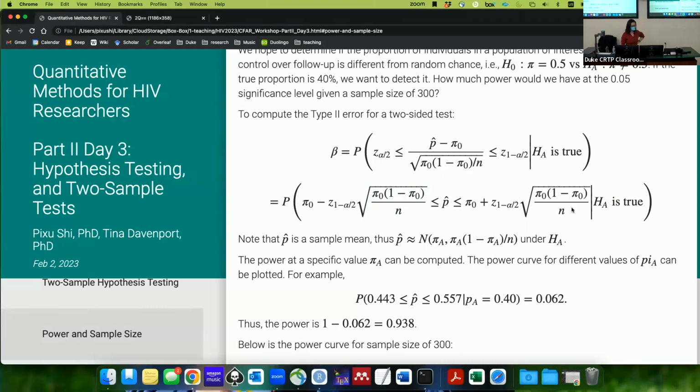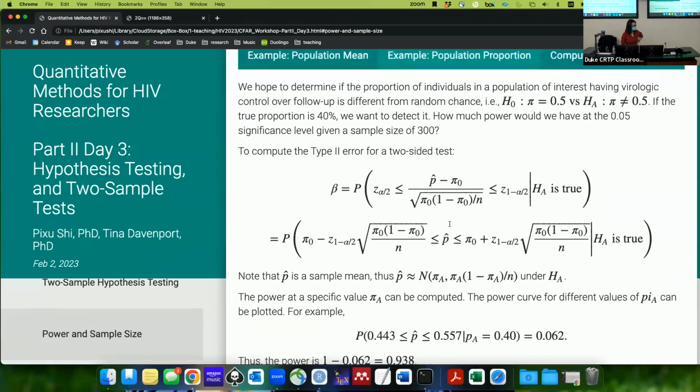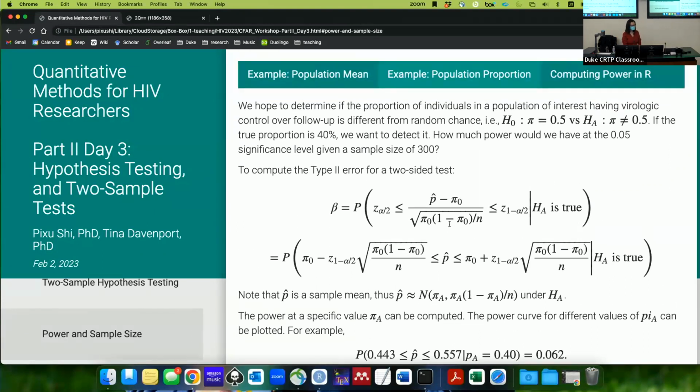So the conclusion is that when you have pi 0 in the middle, this band under the normal bell-shaped curve is going to be wider, your type 2 error is going to be larger, and your power is going to be lower. Any questions?